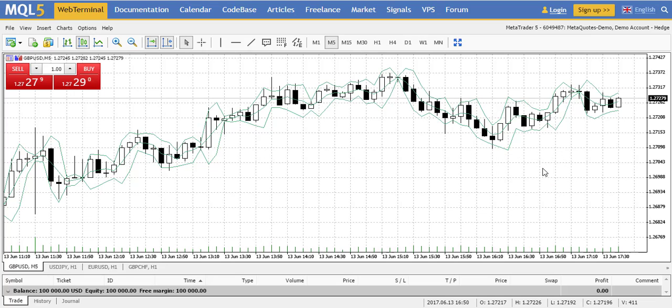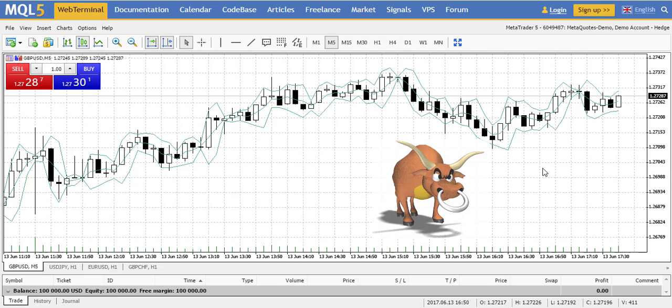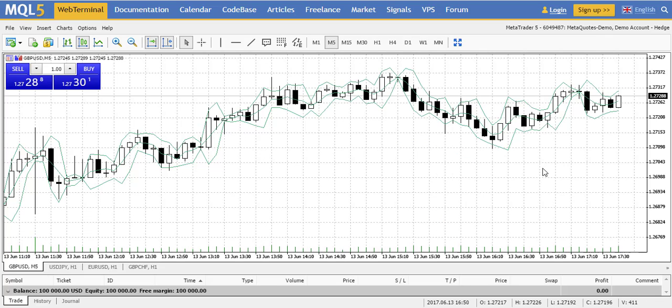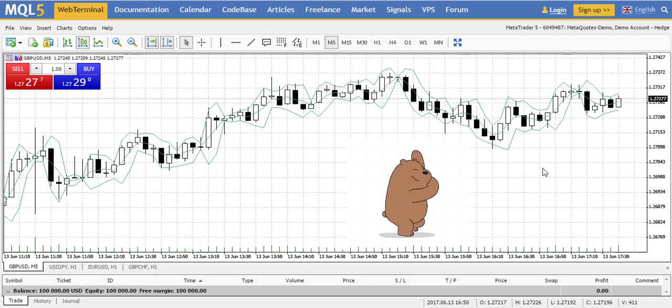From what I know, the basic principle of trading with the Bollinger Bands indicator is that if quotes are located above the average line, the trend is growing, it is bullish, and if quotes are located underneath the average line, it is a bearish trend, so invest in put.